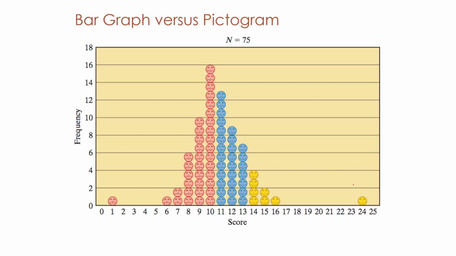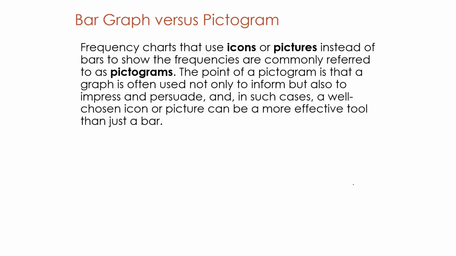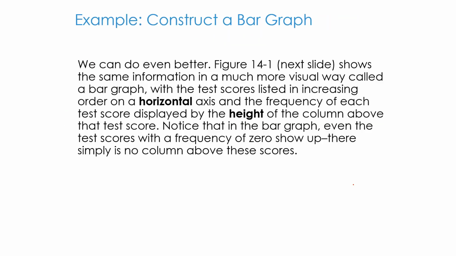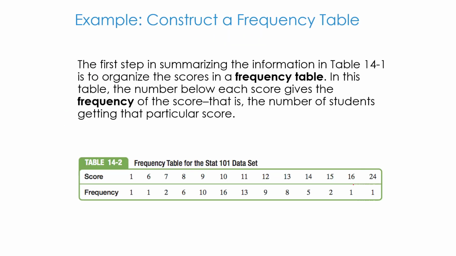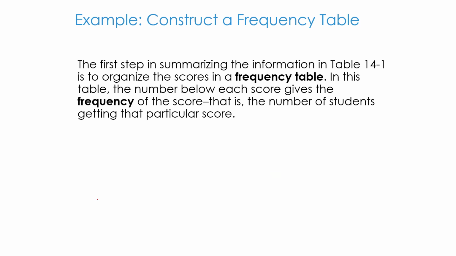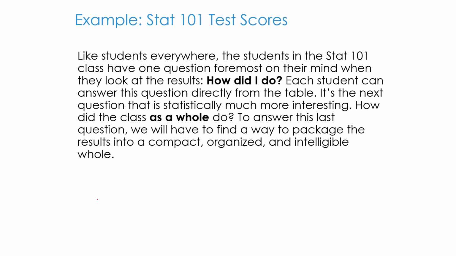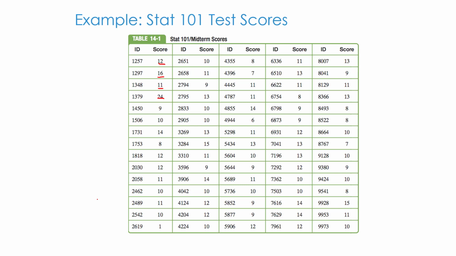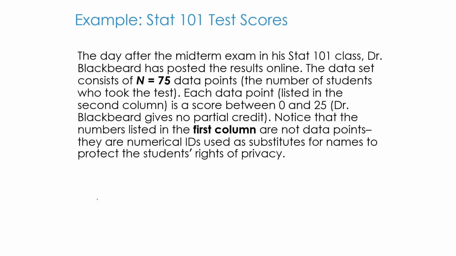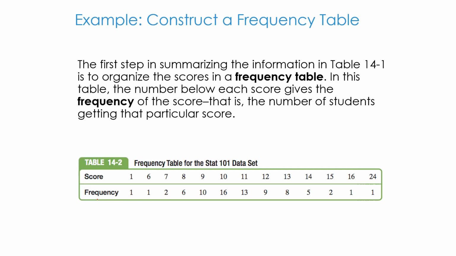So if we go back to our frequency distribution, there are 75 students, right? And so then one person got a score of 1.